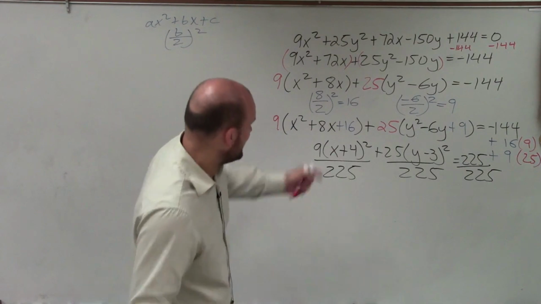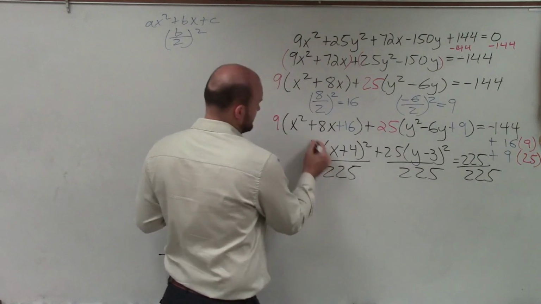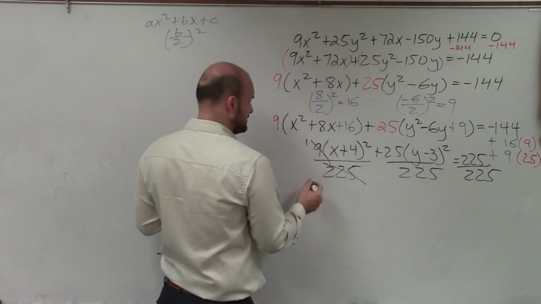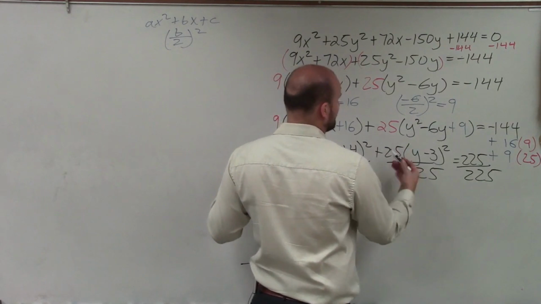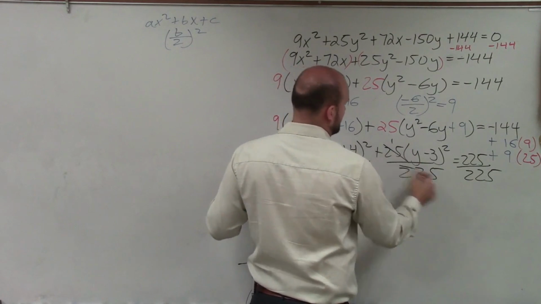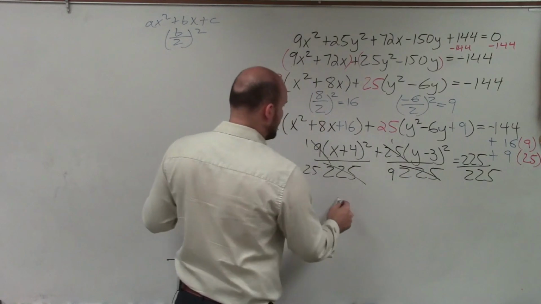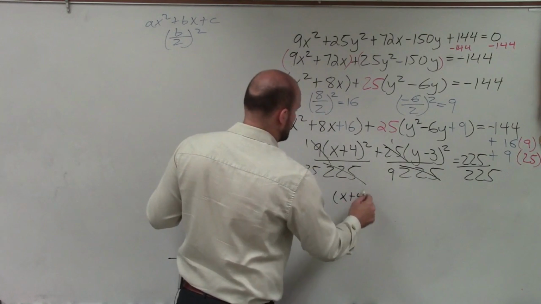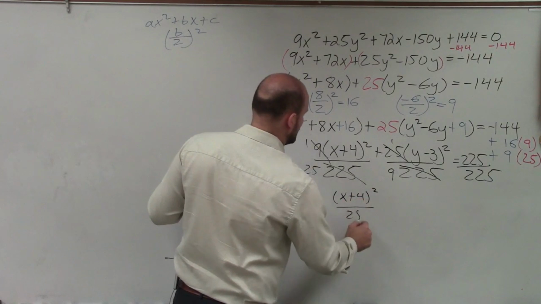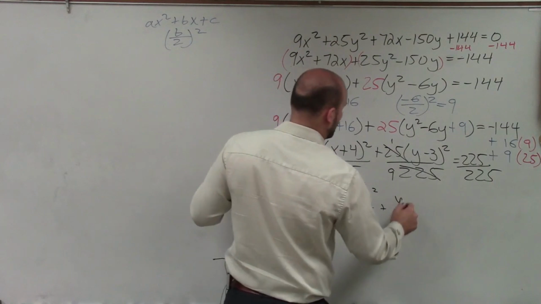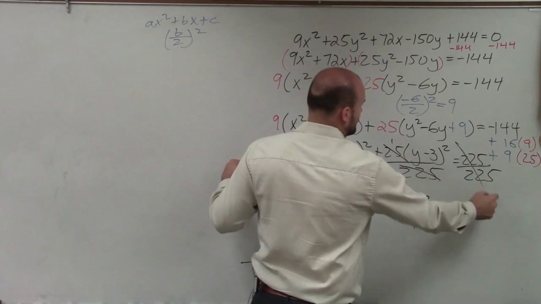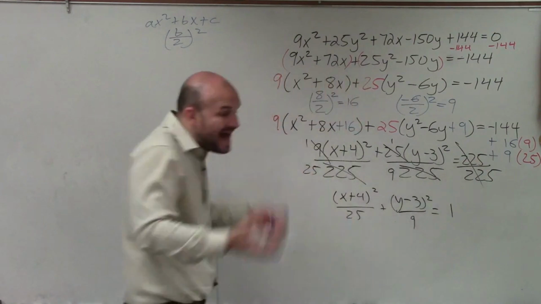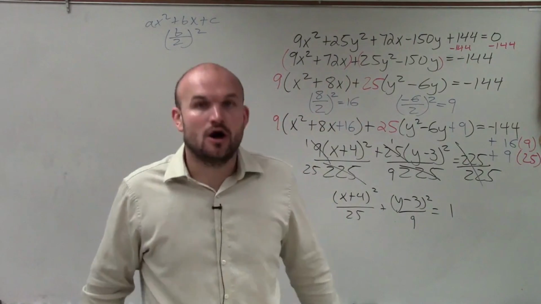OK, so when I divide these, this goes to 1. That goes to 25. Divide 25, or factor out 25. That goes to 1, and that goes to 9. Therefore, I have the standard equation, (x plus 4) squared over 25 plus (y minus 3) squared over 9 now equals 25 over 25 equals 1. Now I can graph my equation.